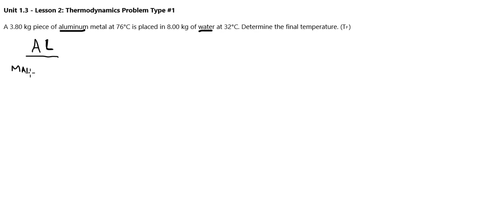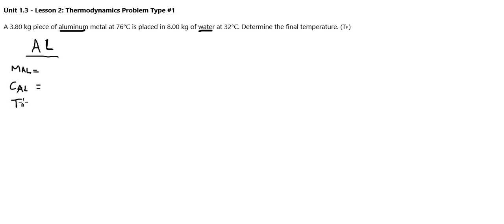If I figure out how to pause this recorder, I'll do that next time so that you don't have to see me writing all this. So, MAL, CAL, oh great, it looks like delta, not that. And then TAL.